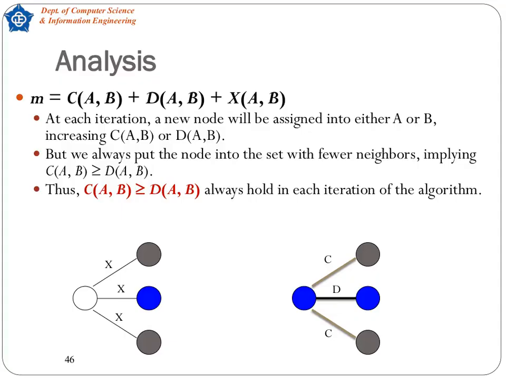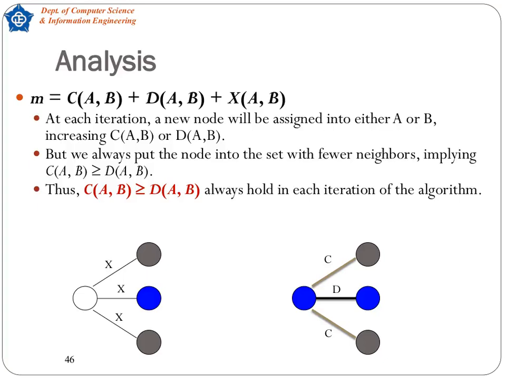A fundamental rule of our algorithm is to always place the new node into the set where it has fewer existing neighbors. This incredibly specific placement strategy is precisely what ensures that CAB, those connections to the other set, is always greater than or equal to DAB, which represents connections to the chosen set.